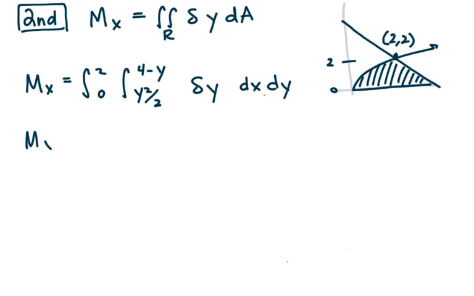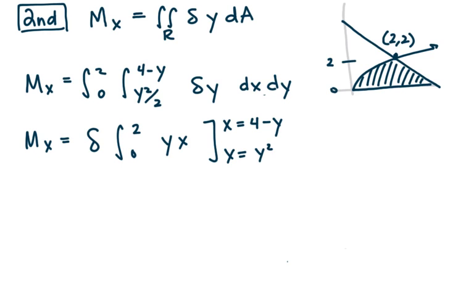So as I integrate, I have 0 to 2. Actually, I'll go ahead and pull my delta out in front. Delta from 0 to 2. Integrating y with respect to x gives me yx. And I've got x equals 4 minus y, and x equals y squared over 2.